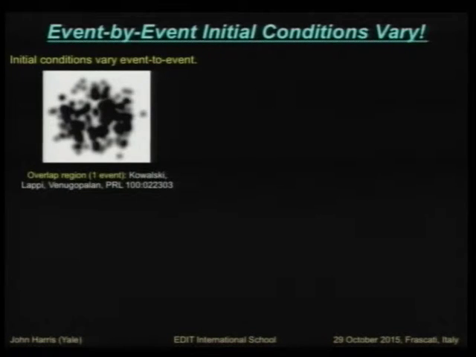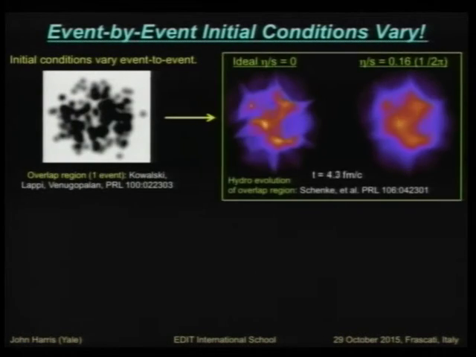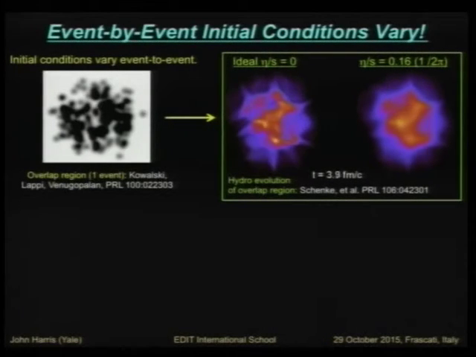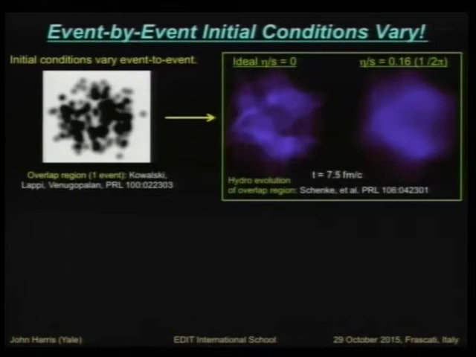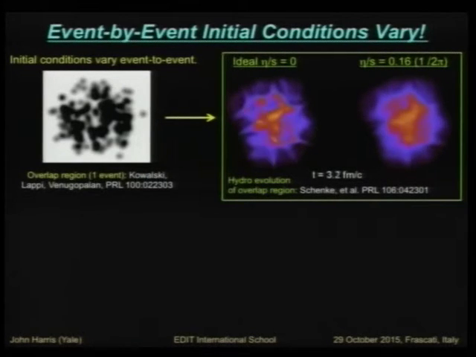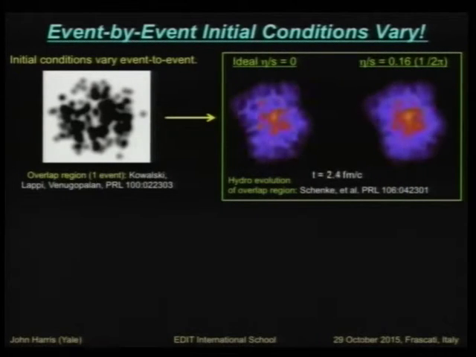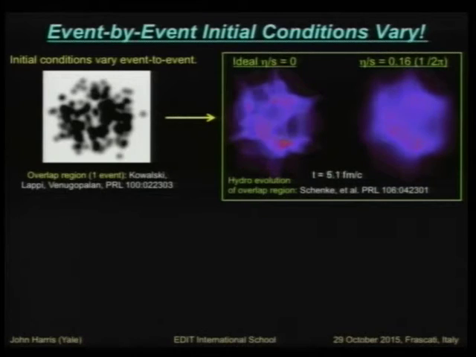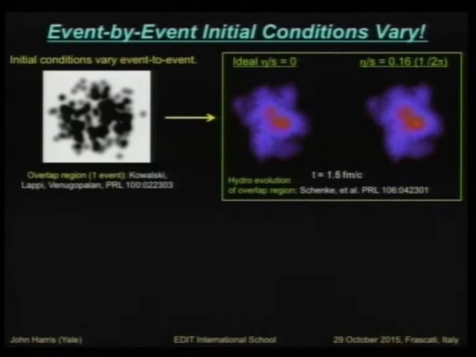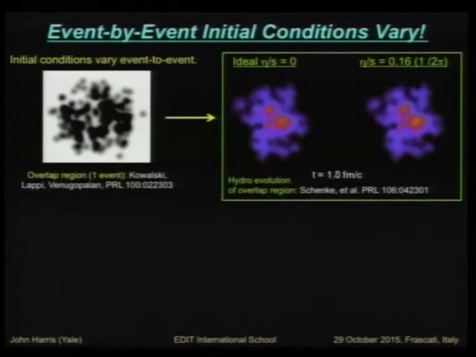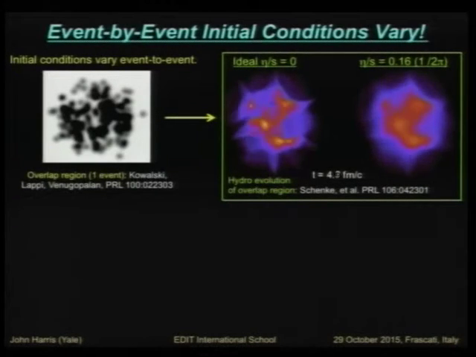This is in the entrance channel, the nucleons that are overlapping. And you put it in one of these viscous hydro calculations, again from Schenke. And you say there's no viscosity. And you say that there's some viscosity of, let's say, 1 over 2 pi, which is twice the lower bound, which is maybe what we're seeing at RHIC.